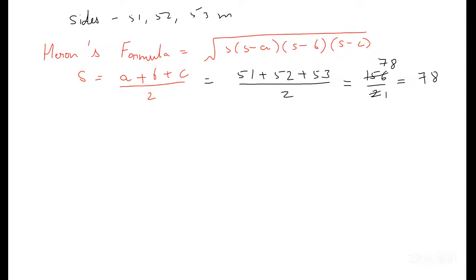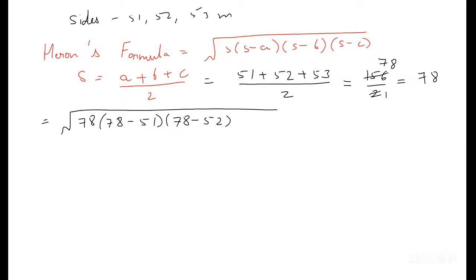Now you put all the values in the main Heron's formula. So it will become like this. First put a root, then 78, that is S. Okay, 78 minus A, that is 51. Then 78 minus B, that is 52, and 78 minus C, that is 53.